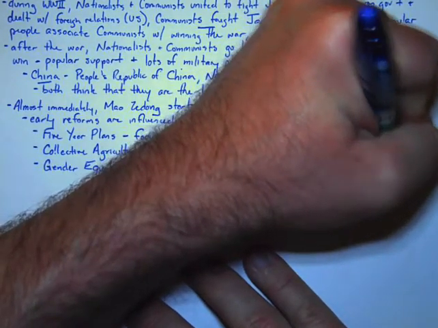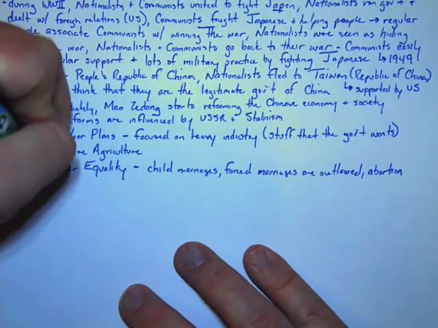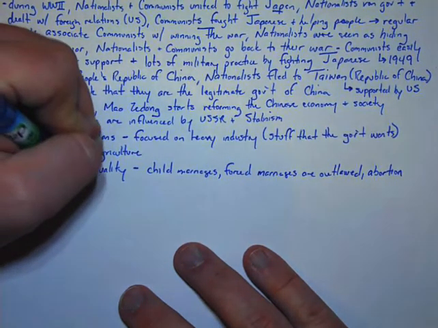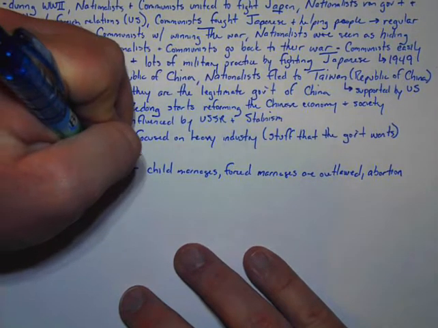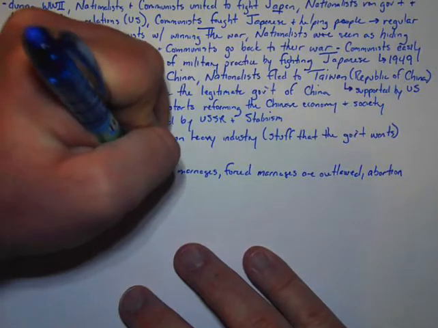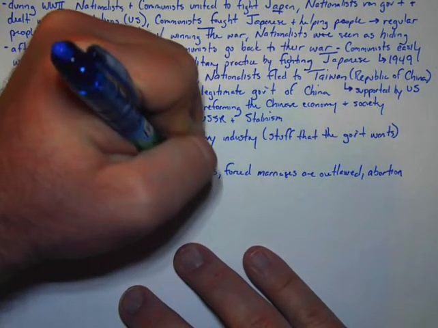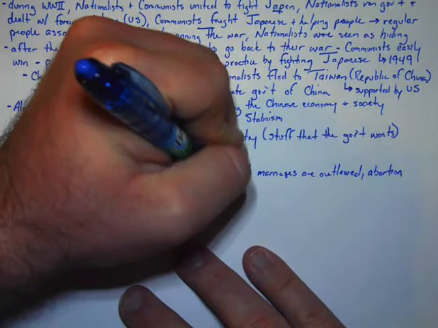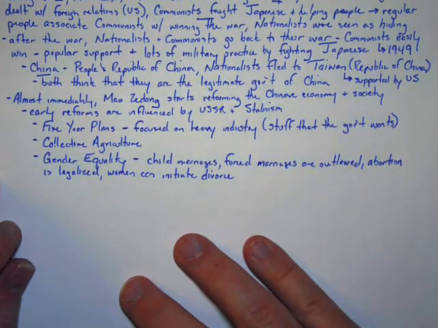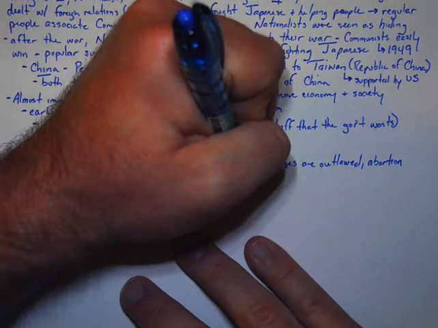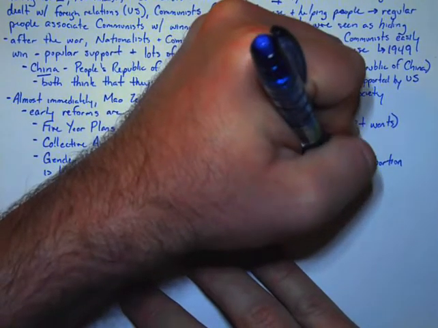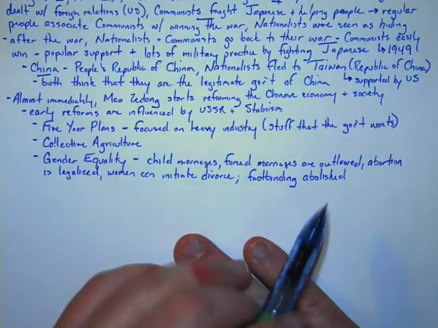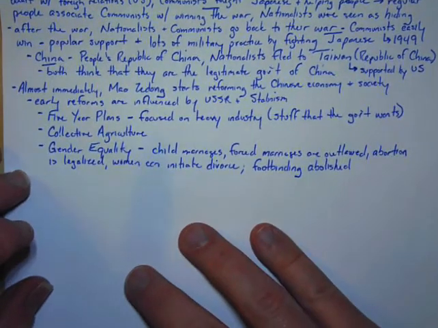Abortion is legalized. Women can initiate divorce. But maybe the most visible thing towards gender equality was that foot binding was finally abolished, which means that this was going on as late as the 1940s.